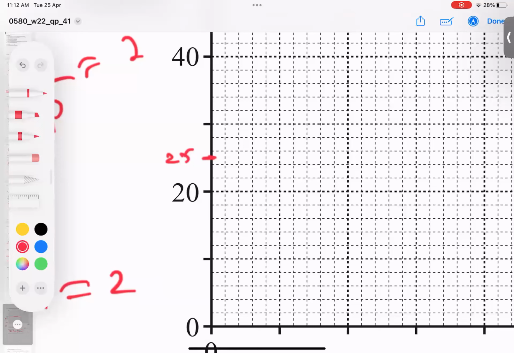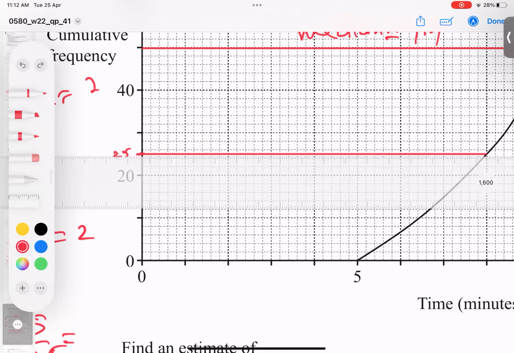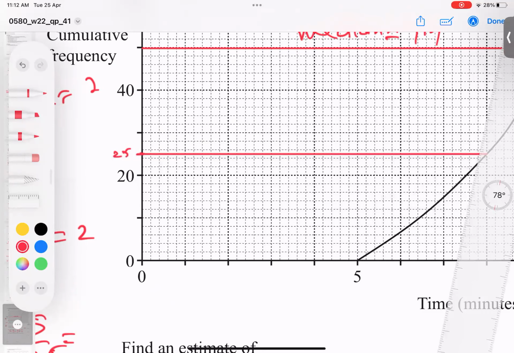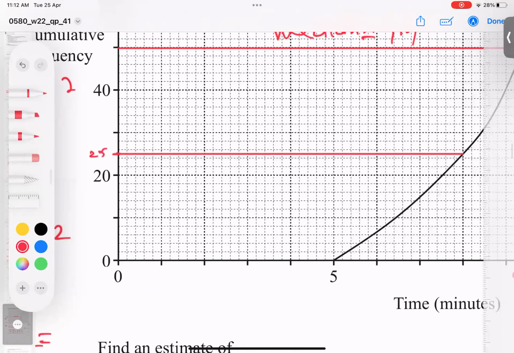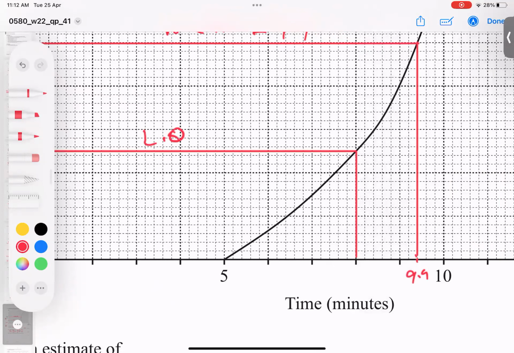So I will take a scale. I hope the point is very clear. Okay, so the lower quartile is coming. How much? This is interesting. So 5, 6, 7, 8, it is 8 actually.